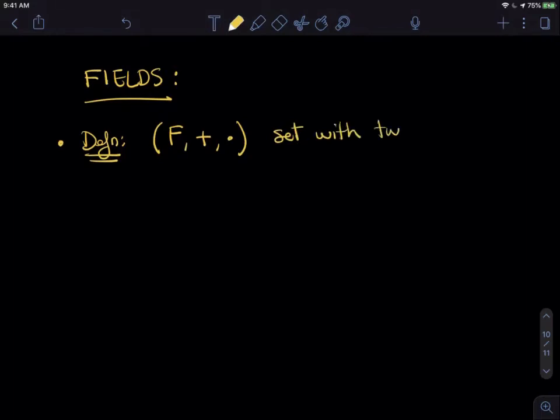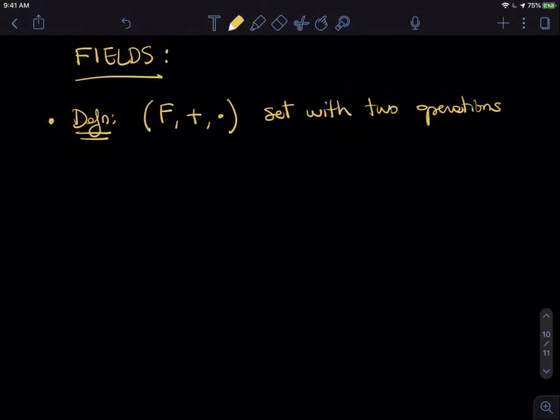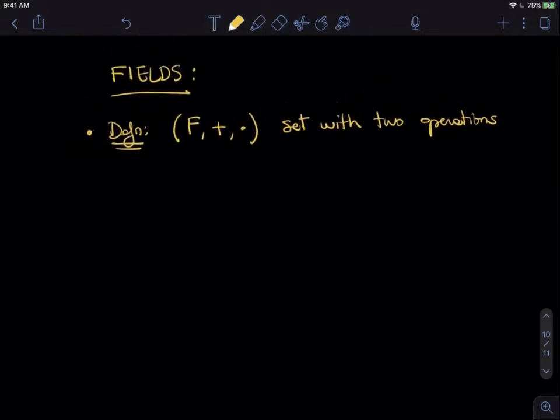with two operations defined on it, which satisfy the following axioms.